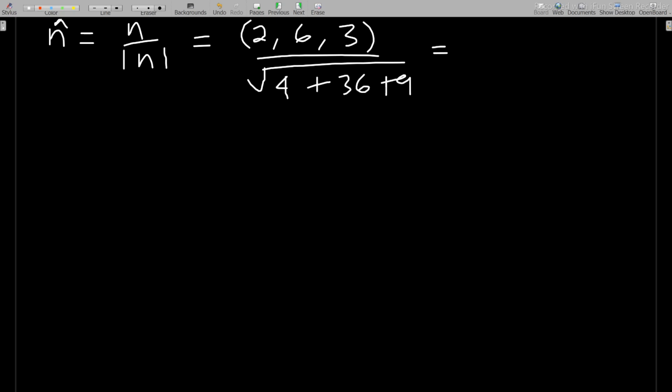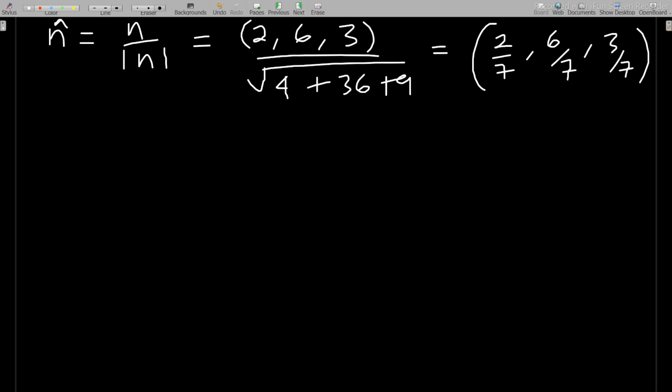This gives me 2 over 7, 6 over 7, 3 over 7. Now if I dot this by itself, I'll get 1. So I should actually use the unit vector along this to compute my inertia.